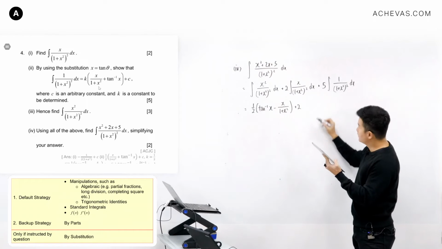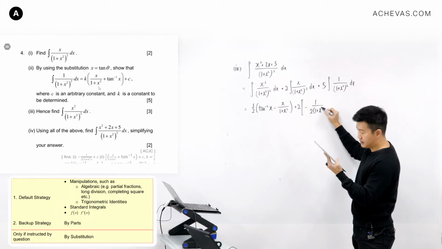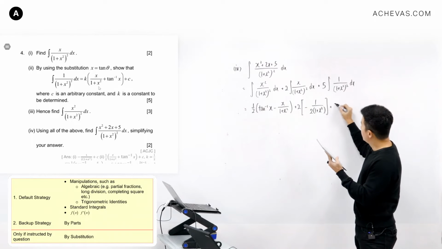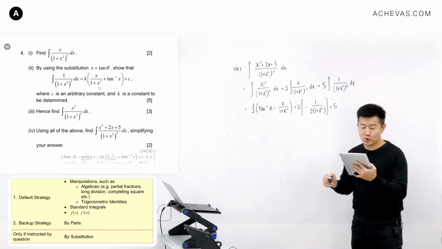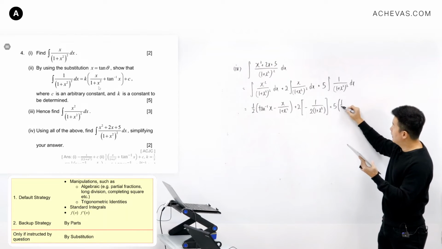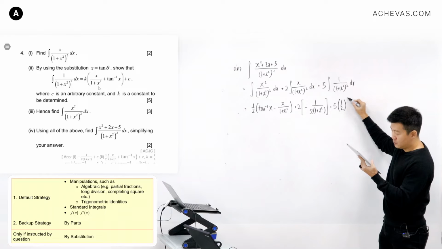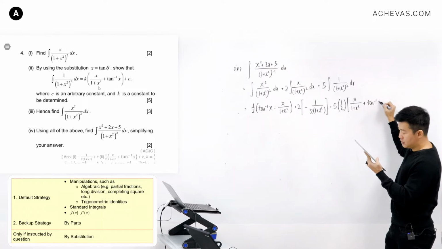And part 1's result gives me this as minus 1 over 2 of 1 plus x squared, plus 5 times of this, which I'm going to make use of part 2's result, which is going to be multiplied by half. Then we will have x over 1 plus x squared plus tangent inverse x.